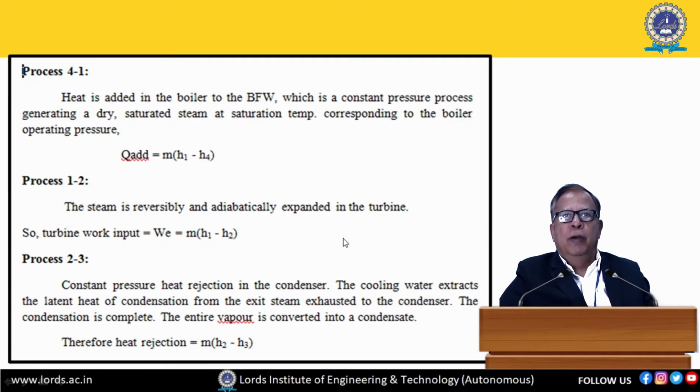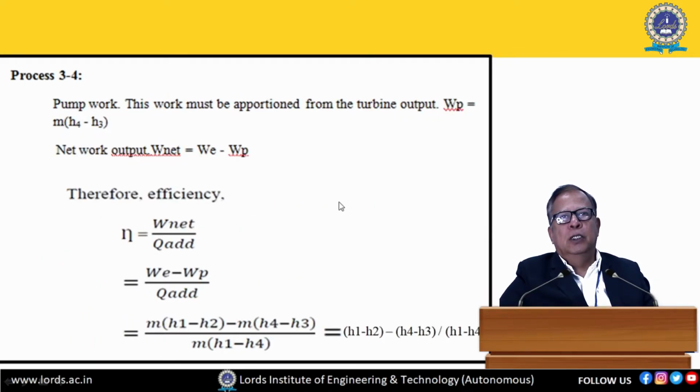Therefore, we know that efficiency is output by input. Here, efficiency is the net work output divided by the input, which is the heat we have added in the boiler, so we write it as Q addition in the boiler.